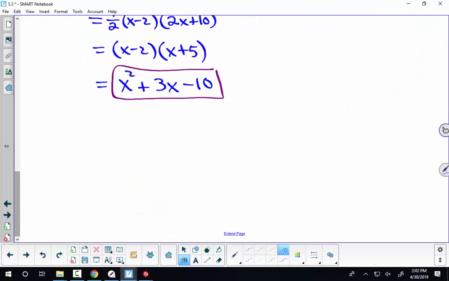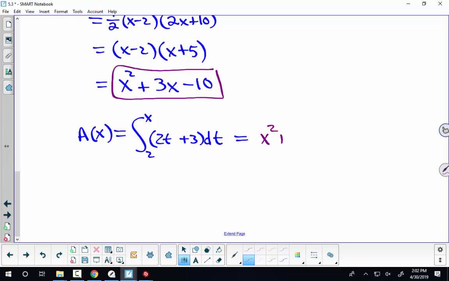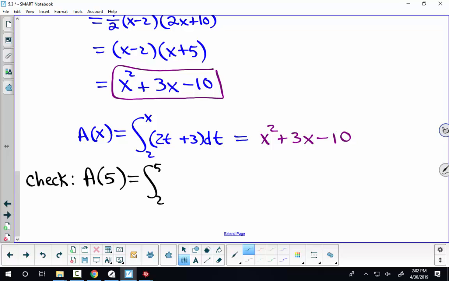So let's check that. Our claim was that we started off with this area function, the integral from 2 to x on 2t plus 3 dt, and we said that's equivalent to the function x squared plus 3x minus 10. Let's check our previous result and see if this matches with A of 5. The integral from 2 to 5 of 2t plus 3 dt, in part 2 we got that to come out to be 30.